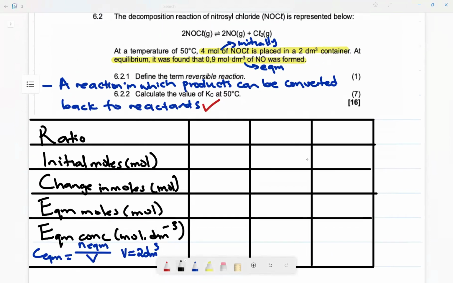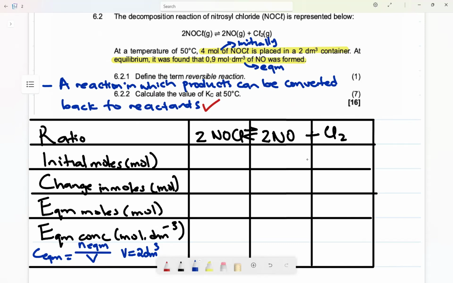So first thing first is completing the ratio and the equation. So we have 2 NOCl. Remember, on calculating Kc, we did not include liquids as well as solids. Here I can see it is gas, then it's fine. I'll do reversible reaction. Then I have 2 moles of NO, which is a gas, plus Cl2, which is a gas, okay?